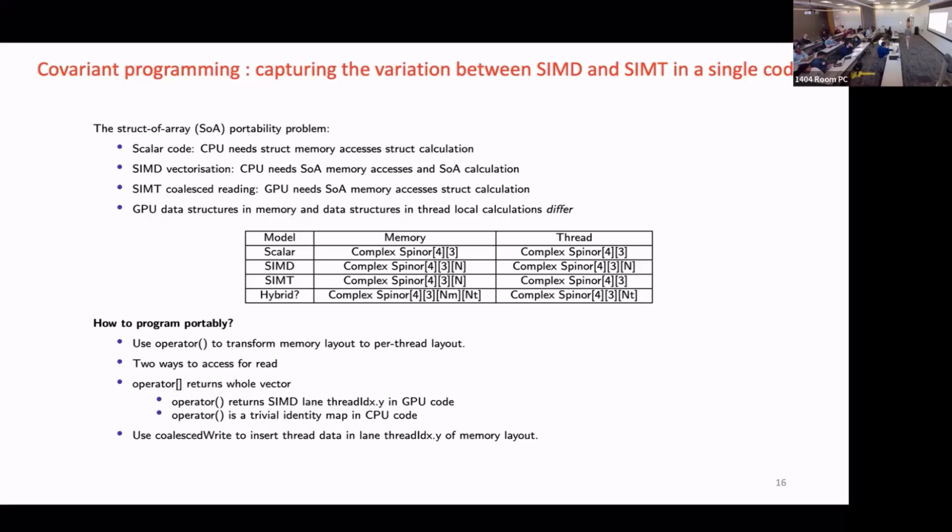The way I handle this in Grid, so you have this memory layout and the optimal thread layout, the way I program it portably is to use operator square bracket to transform the memory layout to per-thread layout. On scalar and on SIMD, that's the identity map, right? But on SIMT, that's a non-trivial mapping function, where you go from vectorized struct-of-arrays to just struct scalar.